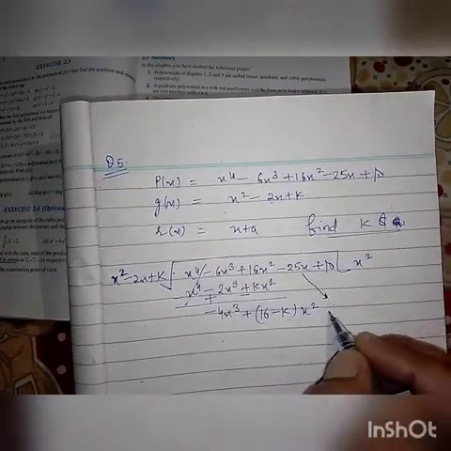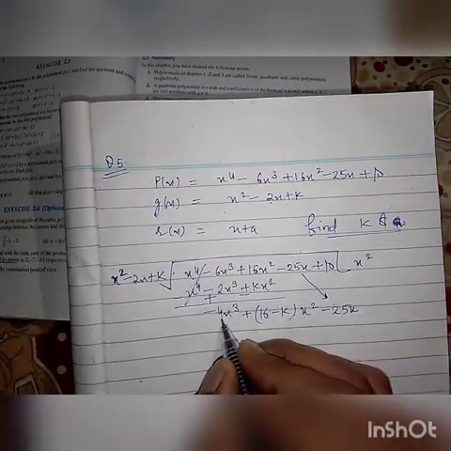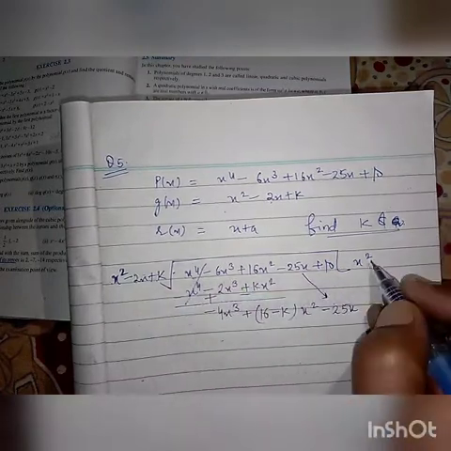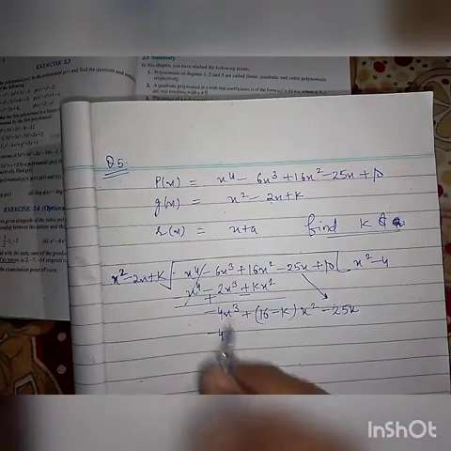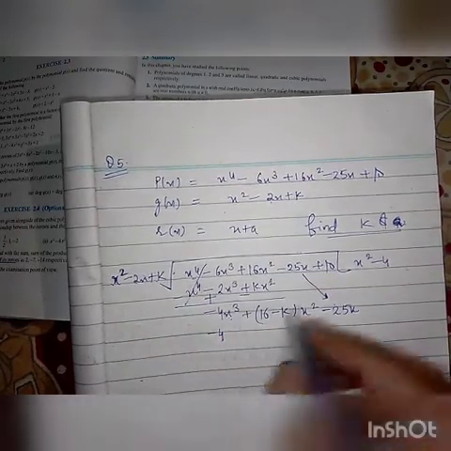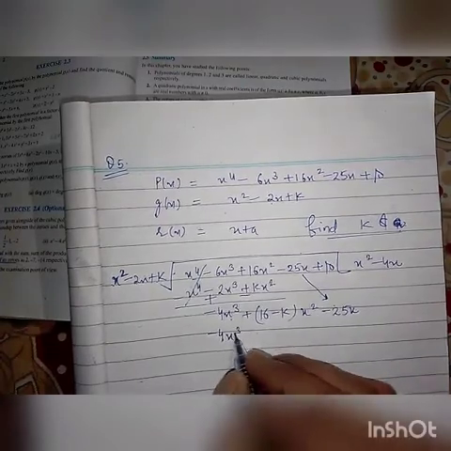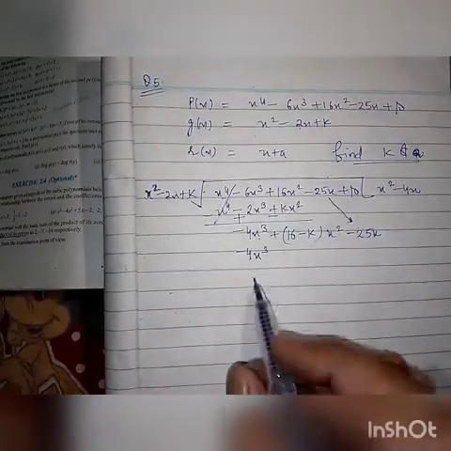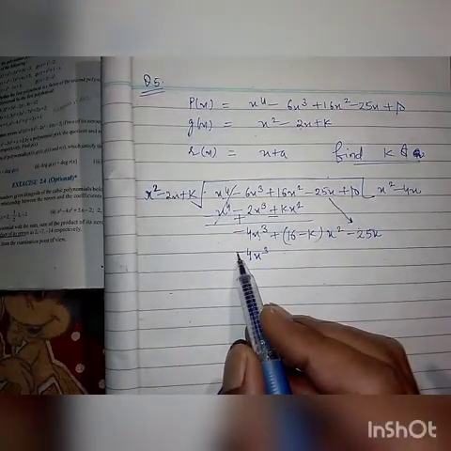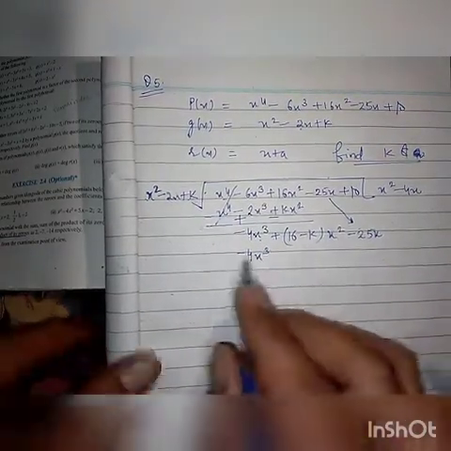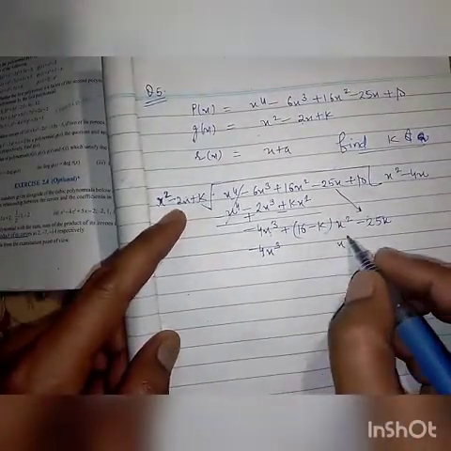After that you need the coefficient minus 4. Here it is 1. 1 will be multiplied by minus 4. Then only you can get minus 4. x square, you need power 3. So at least 1 power you have to mark here. That will give you x. Now by multiplying x square by minus 4x, we are getting minus 4x cube already, right? Now multiply this by this. 4 2s are 8, x into x, x square. Yes, we are getting x square.